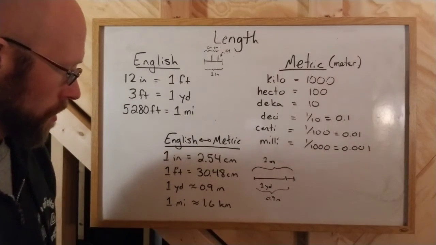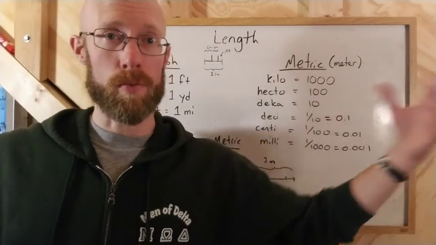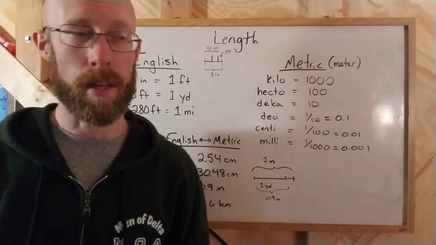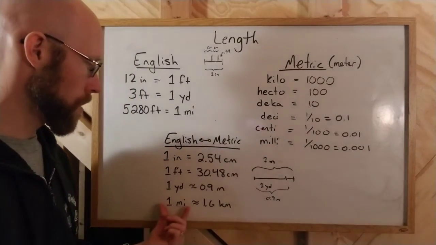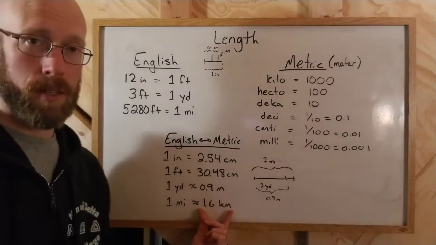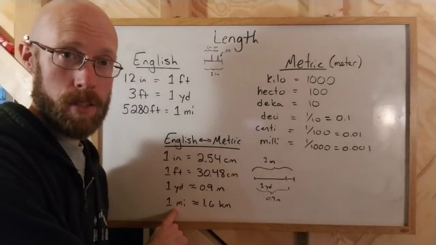Mile and a kilometer. There's another very common conversion because those are the bigger ones, the ones we measure large distances with, across land or something. And with miles and kilometers, for every mile you're going 1.6 kilometers. So on that one, the mile is actually the bigger one.